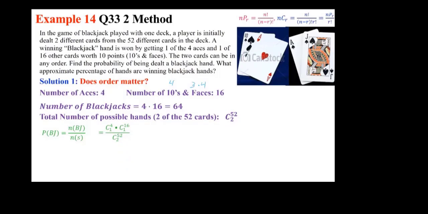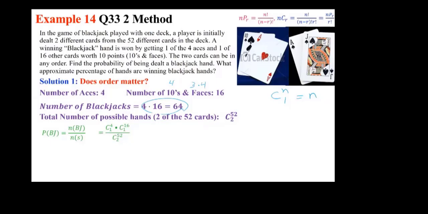So the top, C(4,1) becomes 4. Again, C(n,1) becomes n. So C(4,1) is 4, C(16,1) is 16, and we've already seen that, okay? We already have justified the answer of 4 times 16 equals 64, but again, going step by step with the combination.